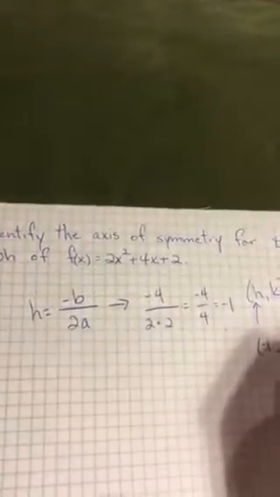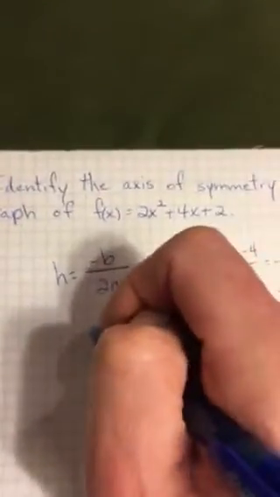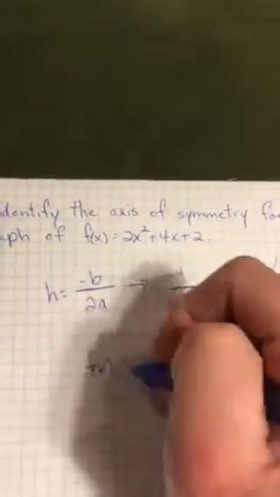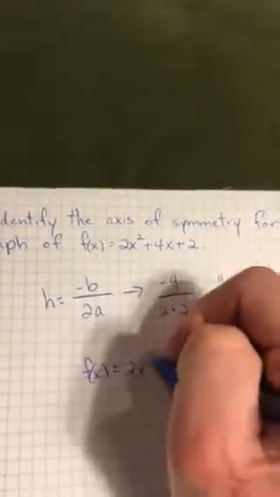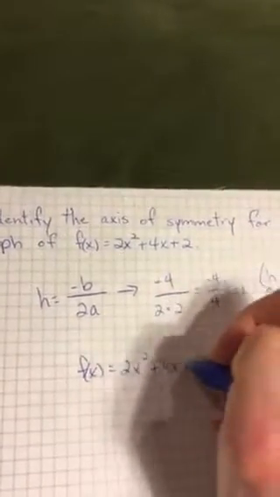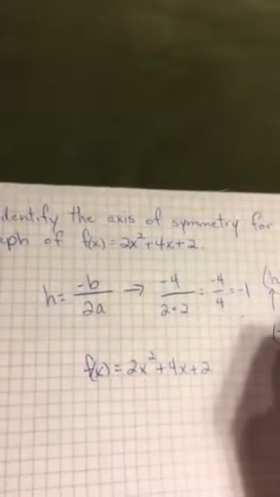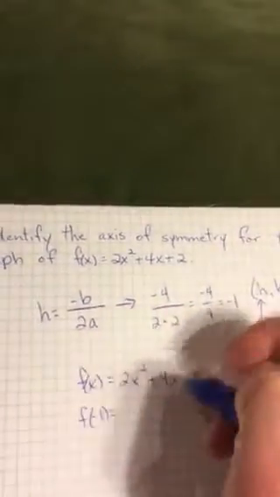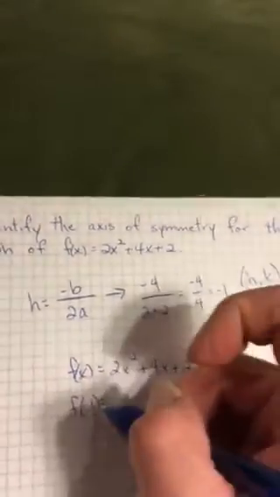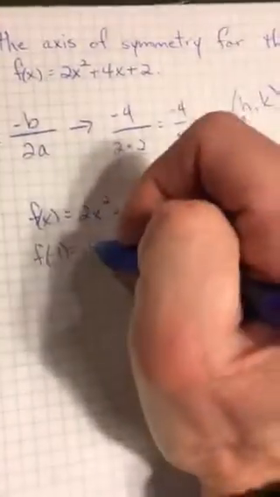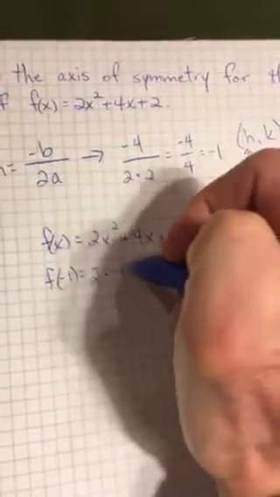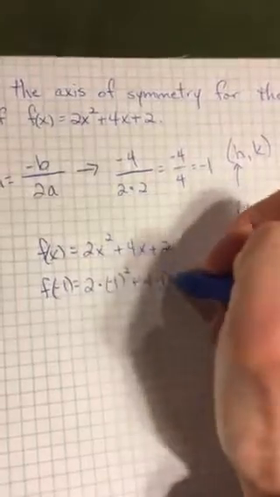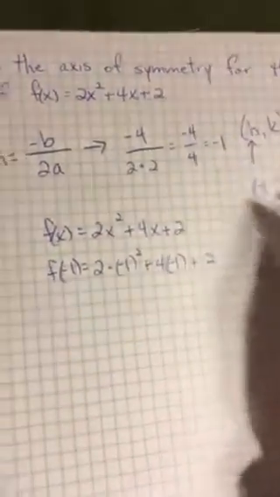So I'm going to come down here to find the k. I'm going to take f of x equals 2x squared plus 4x plus 2, and plug in my x value. So f of negative 1: I want to find the value of this function when x is negative 1. So 2 times negative 1 squared plus 4 times negative 1 plus 2.